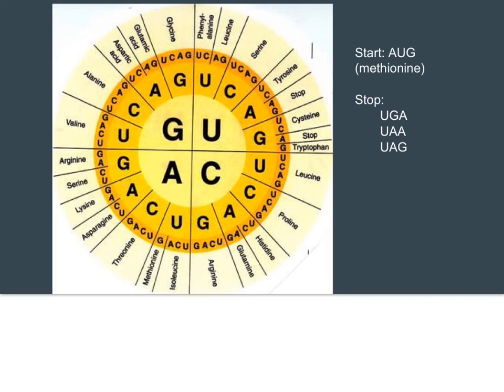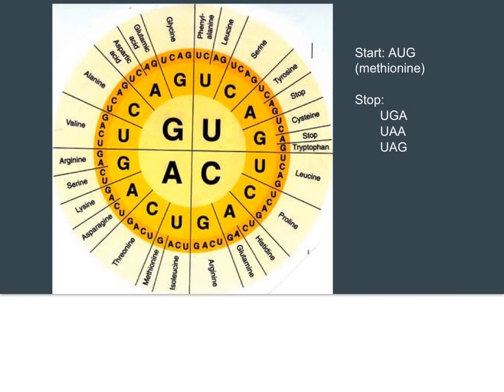The one big important thing I want you to know is the start codon. Anytime you have a protein or an mRNA strand, you're always going to have a part on it that has a codon that says AUG, and that's always where the protein will start. So my red hair protein started with an AUG, which codes for a methionine.